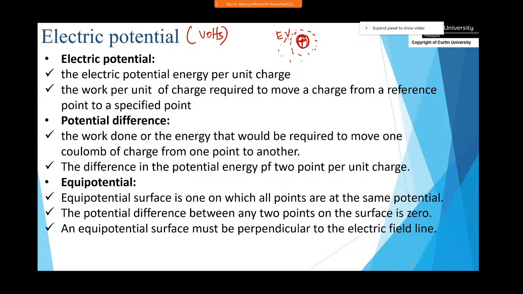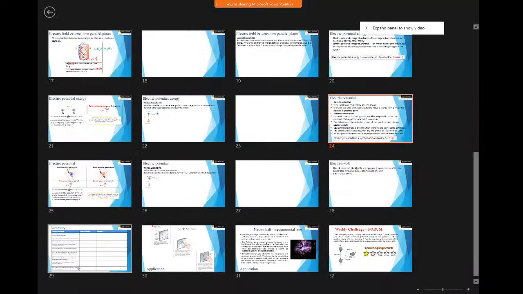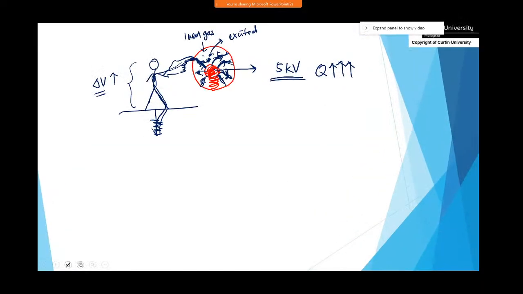Okay, so if you remember the plasma ball just now, back to the slides of the plasma ball. This plasma ball I mentioned just now, at the center here, this is 5 kilovolts. So surrounding it, there will be electric potential.